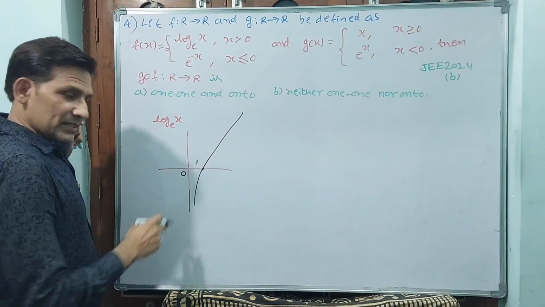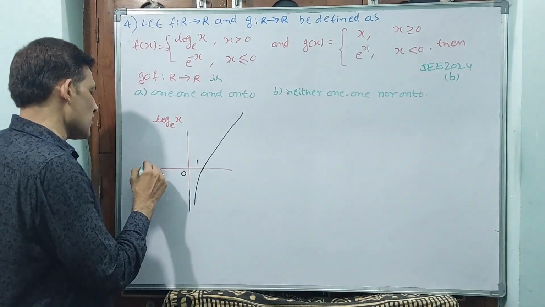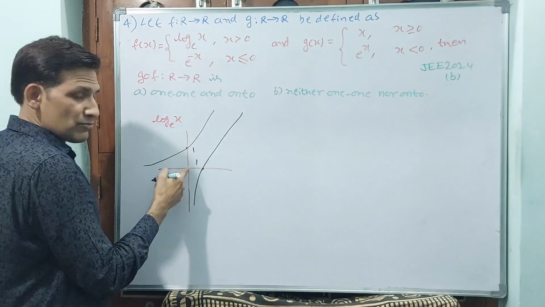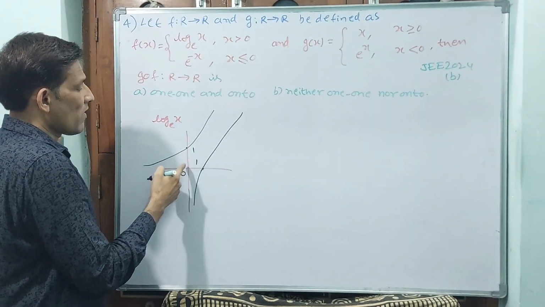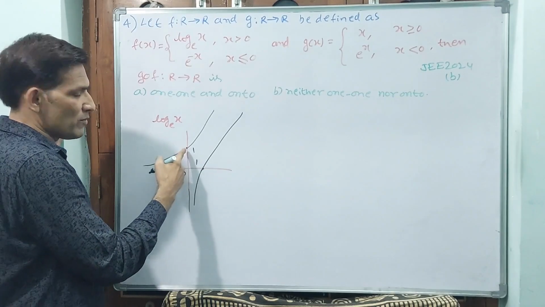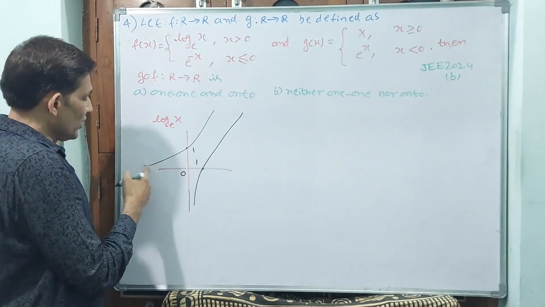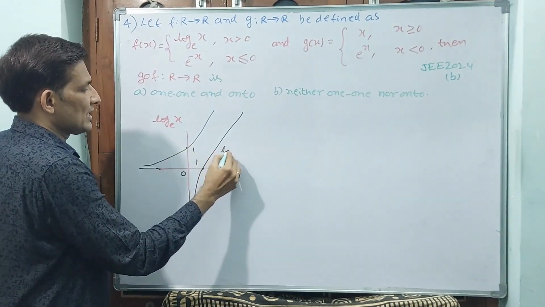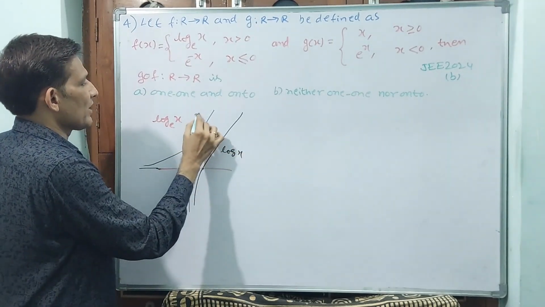Now what is e power x? Straight opposite. Here also it is not going to touch. At 0 it is going to become 1, since e power 0 is 1. It is also not going to touch. This is log x, and this is e power x.